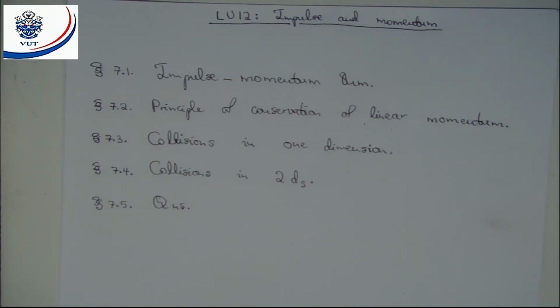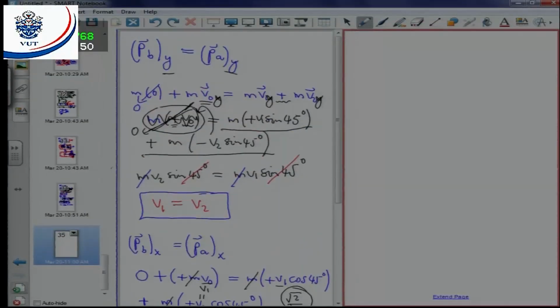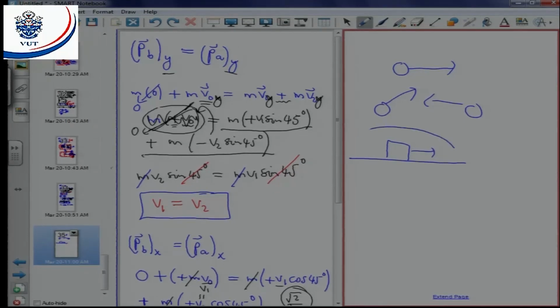You might be wondering, what is an isolated system and when is this true or false? So for example, if I have a ball floating in space, that's an isolated system. If I have two balls moving in space, that's also an isolated system. If I have a block moving on a surface, the isolated system would be the block plus the floor.